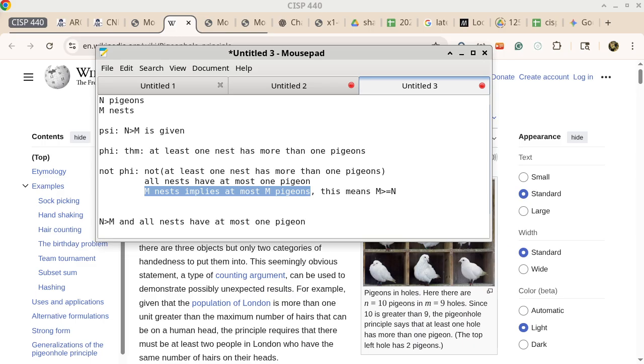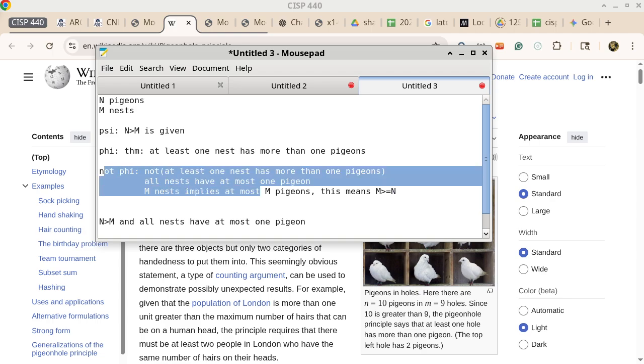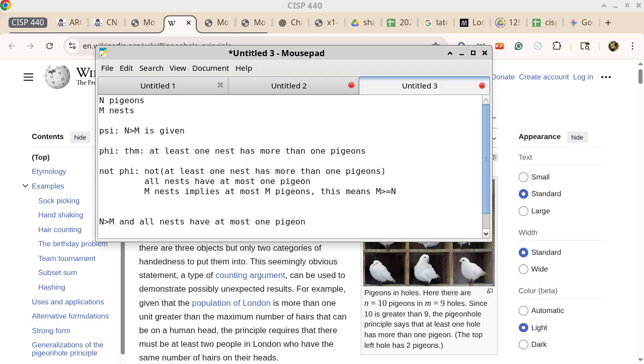So the number of pigeons, which is n, is less than or equal to m, or m is greater than or equal to n. Does that make sense?